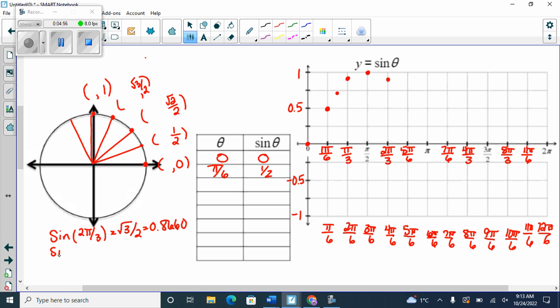Sine of 5 pi over 6 is here. So this one was root 3 over 2. This one is a half. So sine of 5 pi over 6 is a half. We're literally just getting the exact values at those places, right? All those trig ratios. What's sine at pi? Something and 0, so sine of pi is 0.